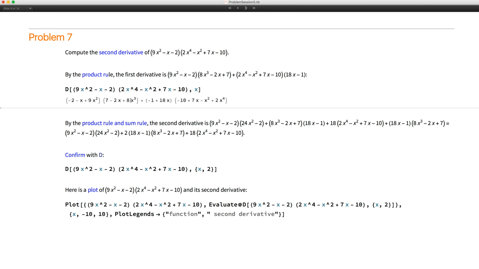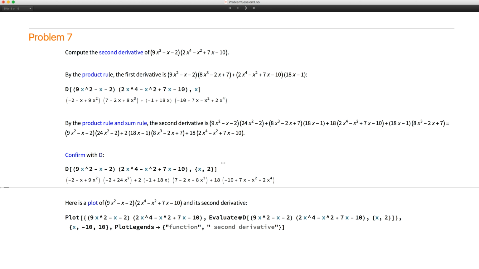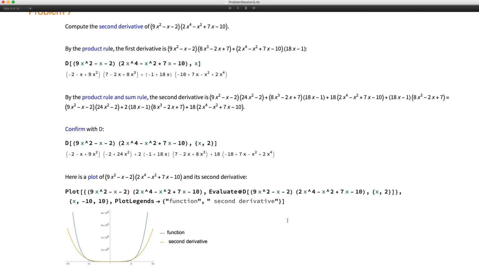Then you need to apply two rules, the product rule for each of these parts separately, and then the sum rule, and after you do some work, you get the answer by hand. You can confirm with D and check that the answer is correct. Finally, we plot the function and derivative. But notice we are talking about the second derivative here, and it turns out that in this case, the second derivative is all non-negative.